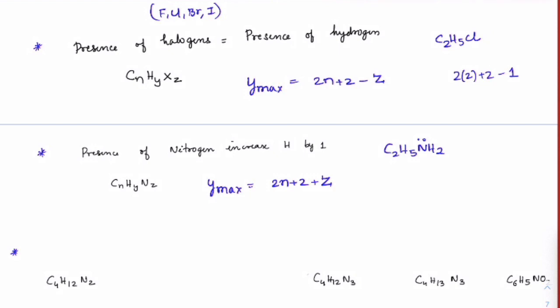If I write the condensed form, C2H7N1. This is how it is, correct? So you can check, for every one nitrogen we have one extra hydrogen being added. The maximum number of hydrogens is supposed to be 2n plus 2, and because you have a nitrogen, you have to add 1 here.